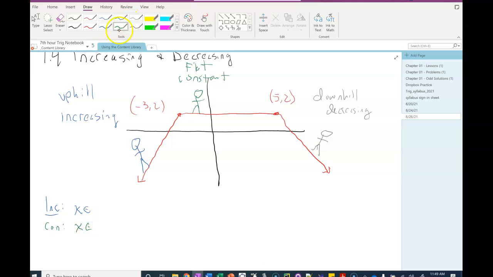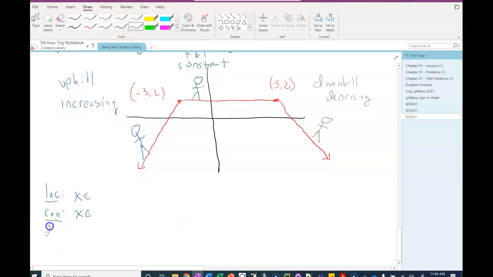So they're always going to start like x is a member of, and when we write our intervals, we're only going to be concerned with the x-coordinates. The only time we concern ourselves with the y-coordinate is with the range, right? That's the only interval made up of y-coordinates. Domains, increasing, decreasing, constant are always talking about x-coordinates.